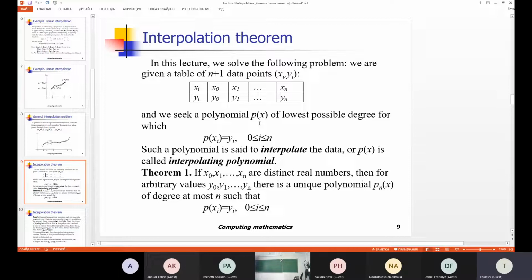Because I can say that there exists a polynomial of degree 100 that passes through these points. But this answer we cannot apply. Yes, it exists, but we cannot find it. There are a lot of polynomials, but we are going to find the polynomial of lowest possible degree. And only this polynomial is called the interpolating polynomial.